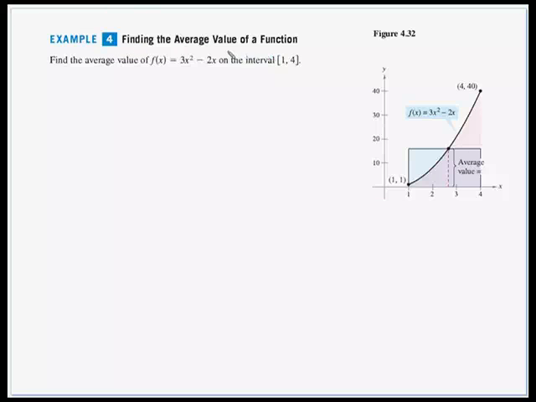So here in example 4, we're going to find the average value of a function. Find the average value of f of x, which is 3x squared minus 2x, on the interval from 1 to 4. So I'm just going to copy down that notation from the last slide, 1 over b minus a, and then we want our definite integral from a to b of f of x dx.